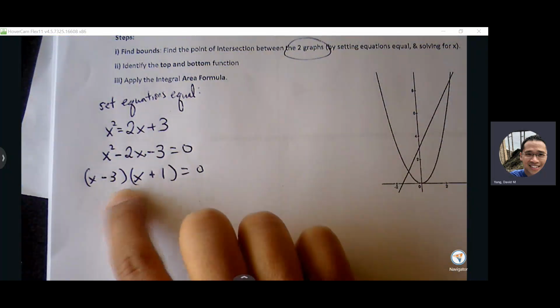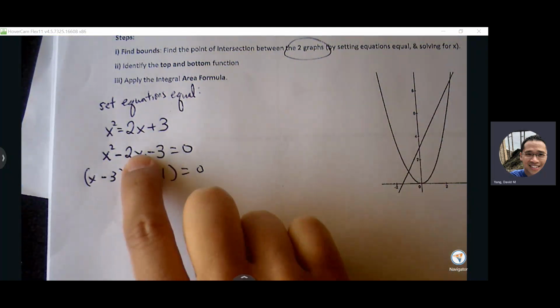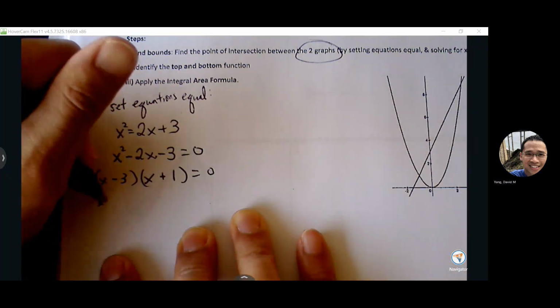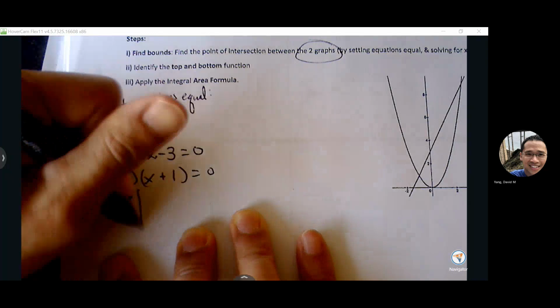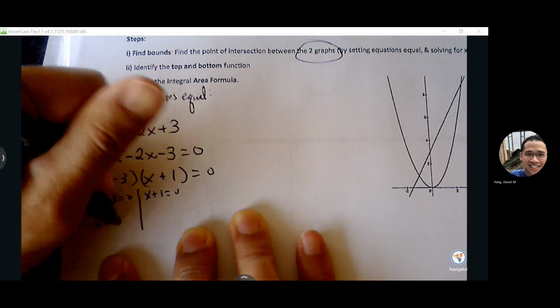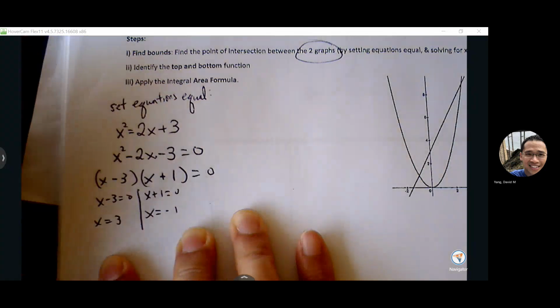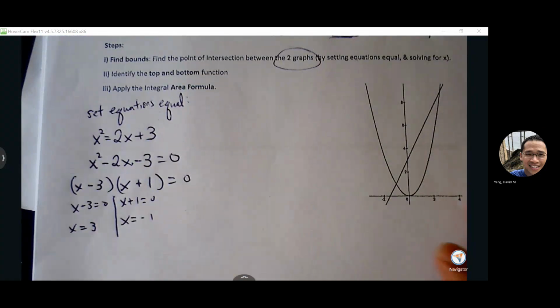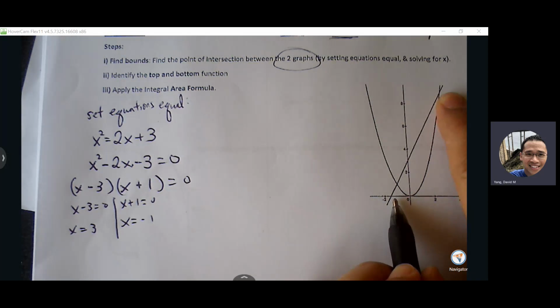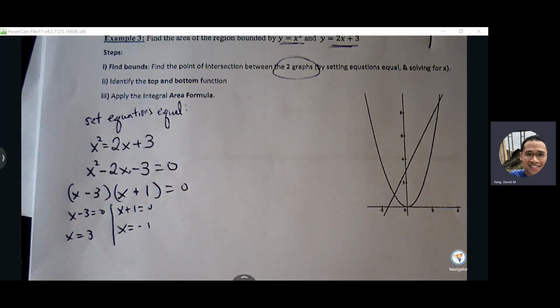Right? Double check: -3x plus 1x equals -2x. Then we know that works out. Okay, solve for x. So my first boundary is -1. My second boundary is 3. So that's my a and b, my left to right.